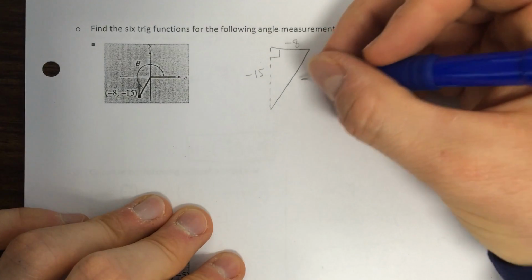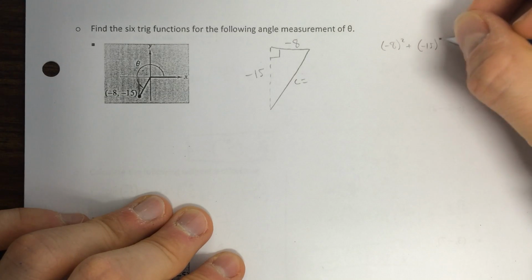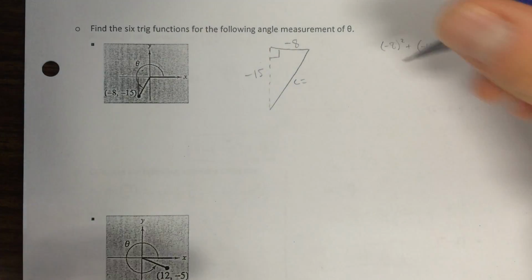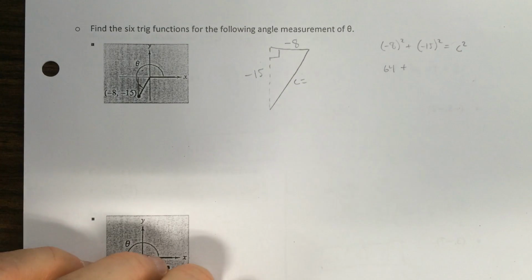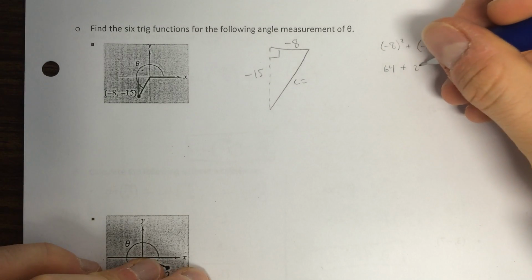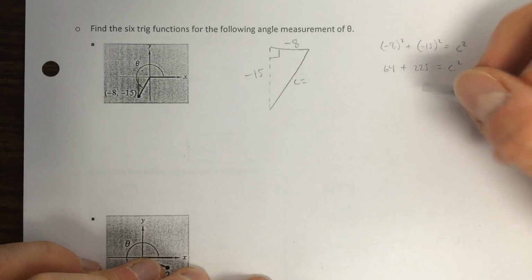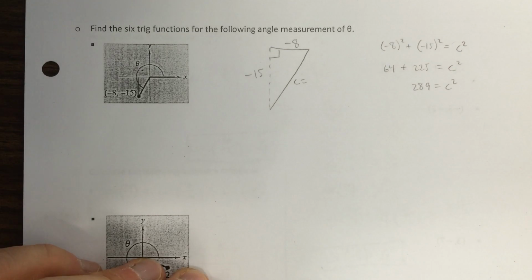And now we just need to solve for c. We have -8 squared, which is 64, and -15 times -15, which is 225, equals c squared. If you add those two, you get 289 equals c squared.